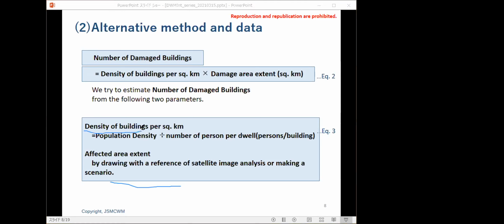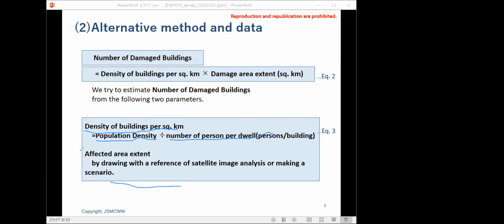One is that this density of buildings is equal to the population density divided by the number of persons per dwelling. So maybe we can know how many buildings are in 1 square kilometer by calculating it from the population.